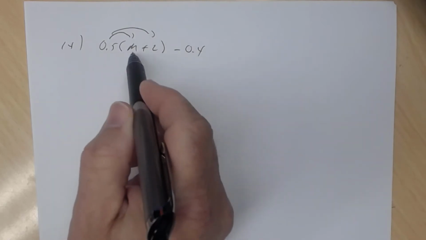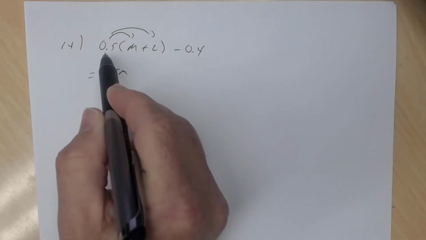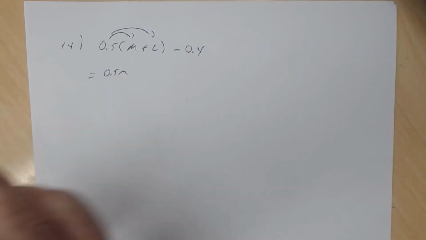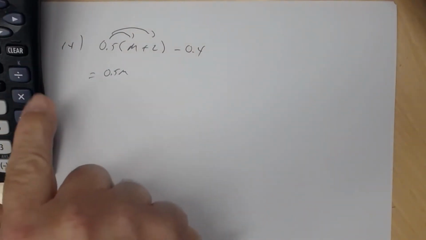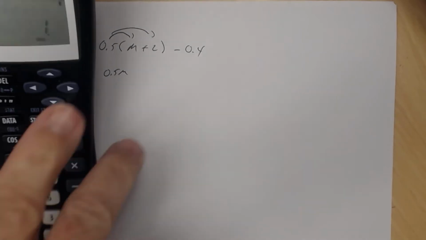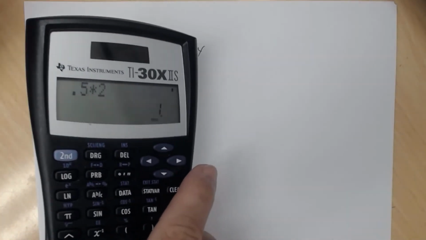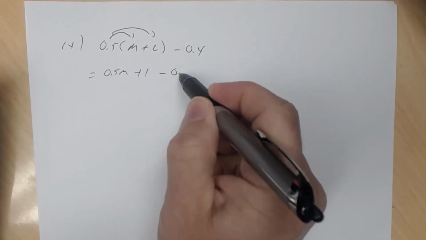So 0.5 times 1m is just 0.5m, and 0.5 times 2, if you don't know that 0.5 is a half and half of 2 is 1, use your calculator. So you're saying 0.5 times 2 equals 1. All right, so it'll be plus 1 and then minus 0.4.